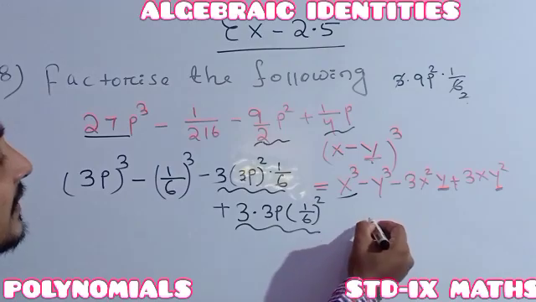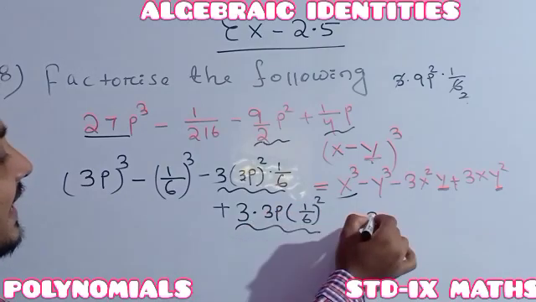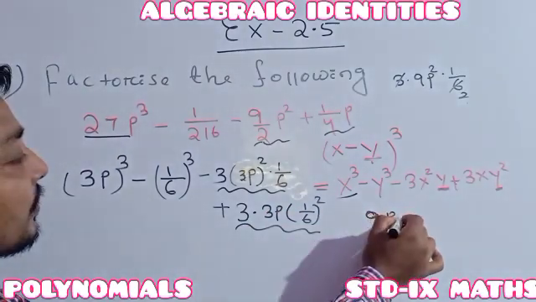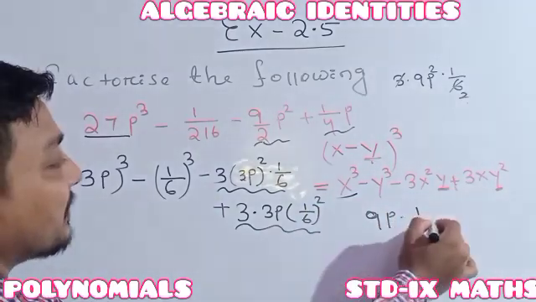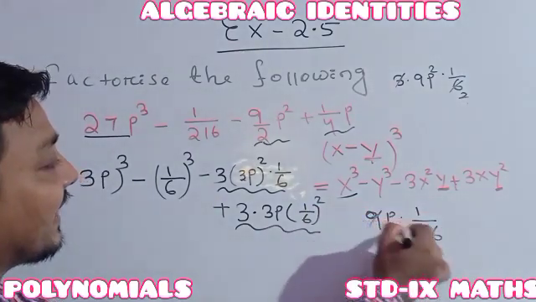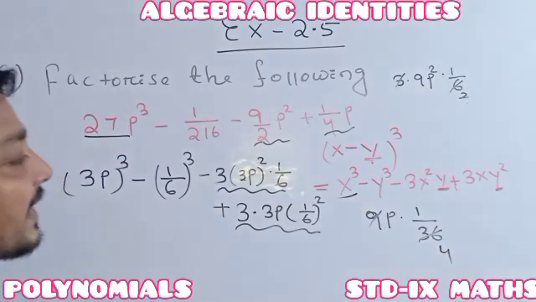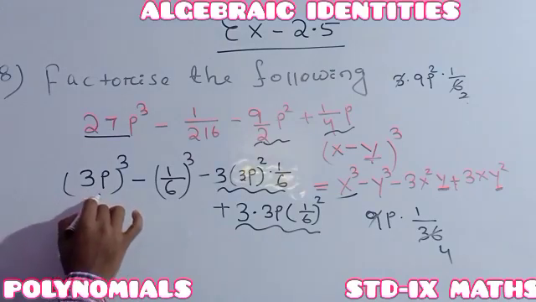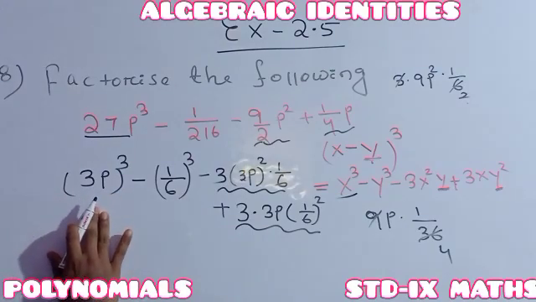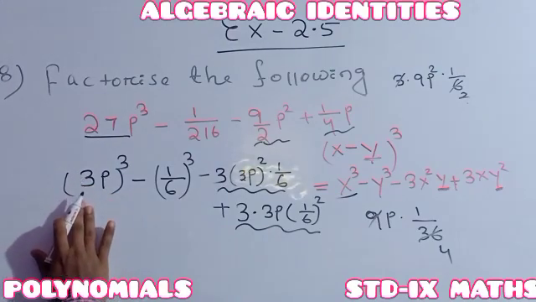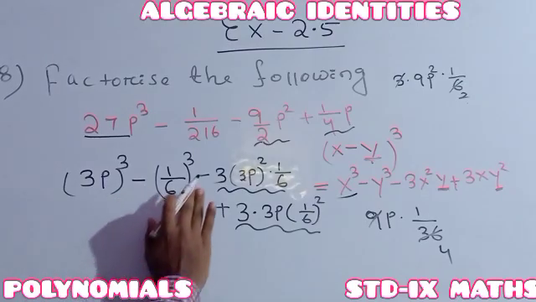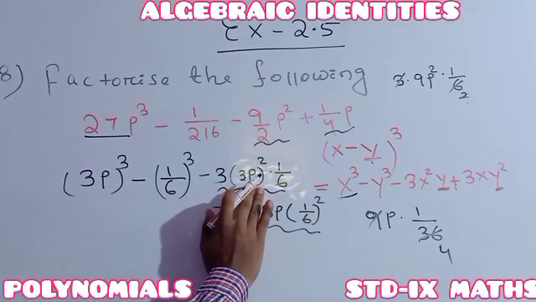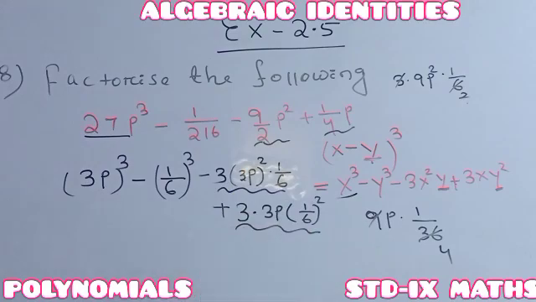See, 9p, and 1 by 6 square means 1 by 36. 9 cancels with 36, here we are getting p by 4, otherwise 1 by 4 into p. So everything can already be arranged in the form of x cube minus y cube minus 3x square y plus 3xy square.